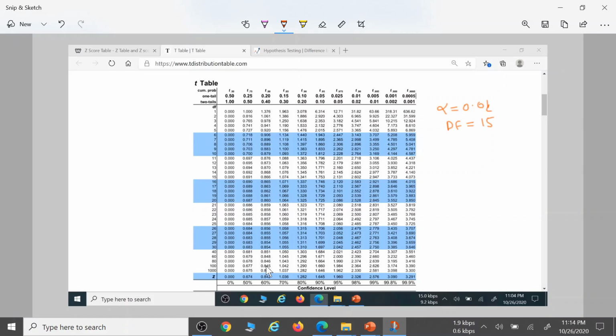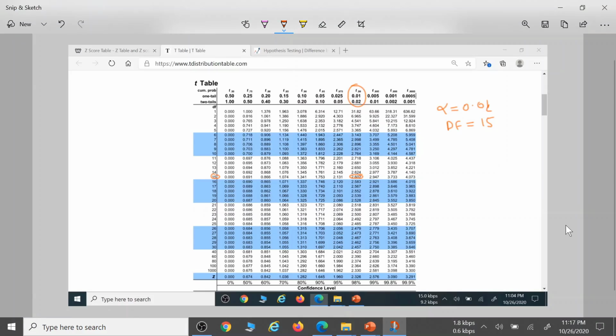Now there are two axes: this is your y-axis, and this is your x-axis. On the x-axis you can find the alpha value. The alpha value is 0.01, this one, and the degree of freedom is 15, this one. So we can say that the value we are getting is 2.602.